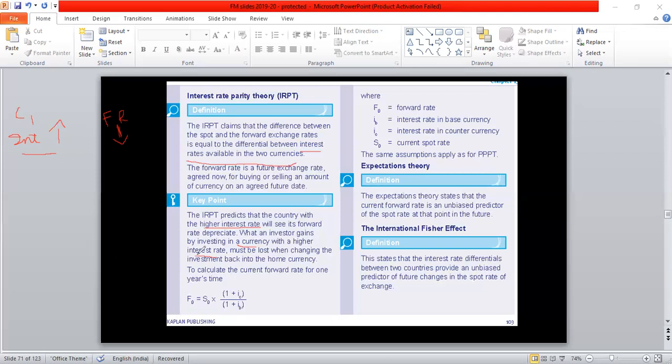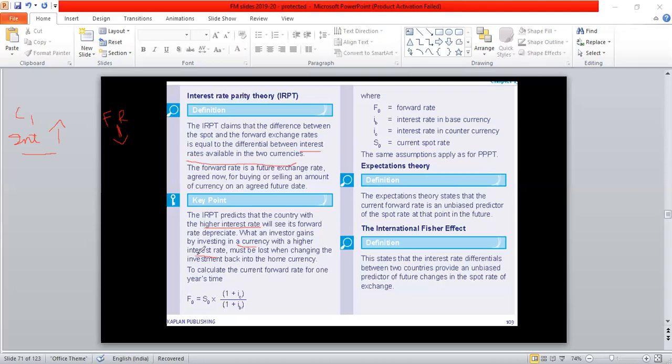So whatever an investor gains by investing in a currency with a higher interest rate must be lost when changing the investment back into home currency. So that is another reason for an impact on the foreign currency, because two different countries have two different interest rates. Some country may have higher rising interest rates and another country may not have higher interest rates.